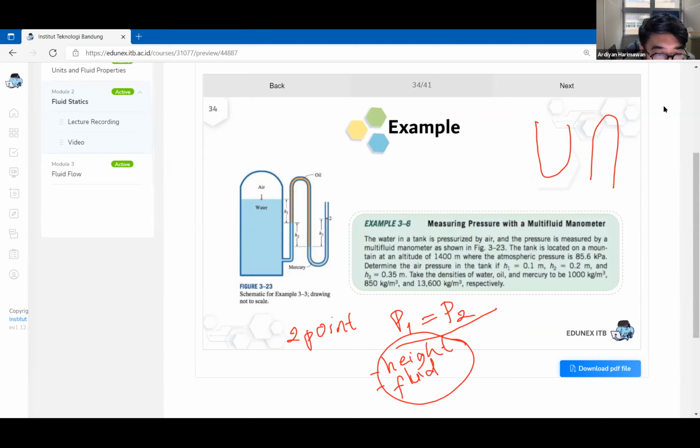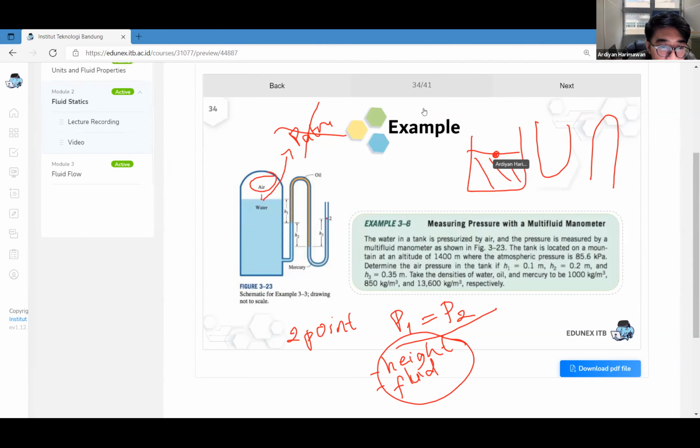So the water in the tank is pressurized by air. Even though this is air, the pressure here will not be atmospheric, because it's not open air. Maybe you still remember, if you have a tank containing any fluid and it's open to the atmosphere, the pressure at the borderline between the liquid and the air will be atmospheric, right?